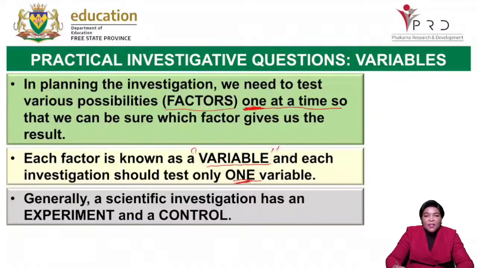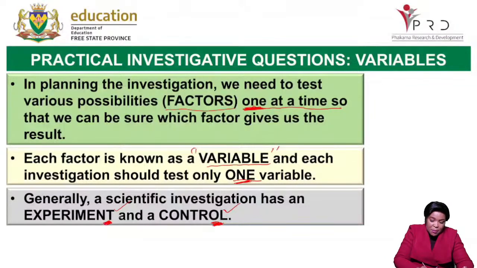Generally, a scientific investigation will have an experiment and a control. So an experiment will be the one where you do not have the factor that you are investigating. And then a control will be the one that is going to give you a positive result. So with that factor that you are investigating. If, let's say, you want to investigate the effect of light on the growth of plants, then in the control, you are going to have light and all the factors there to see that growth.